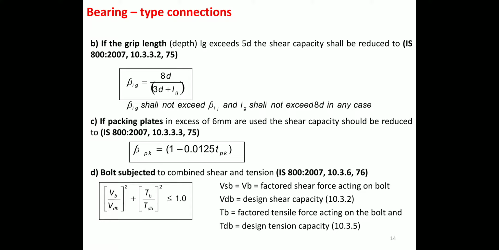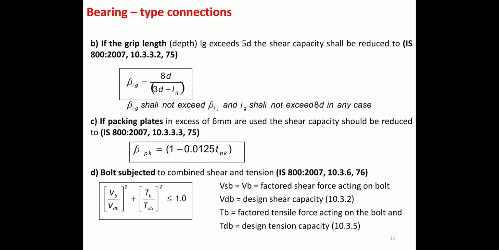So beta LG shall not exceed beta LJ, and LG shall not exceed 8 times the diameter of bolt in any case. So we are going to keep these things in mind.